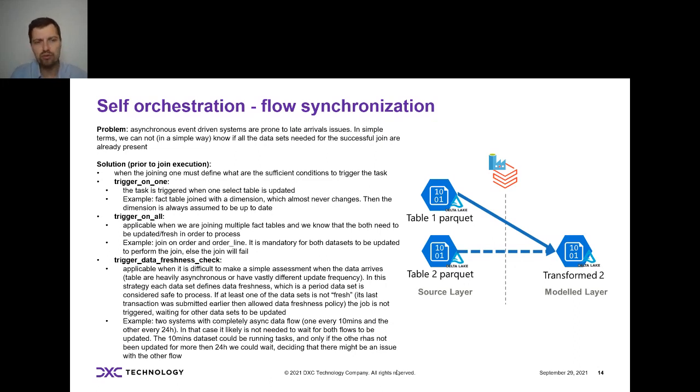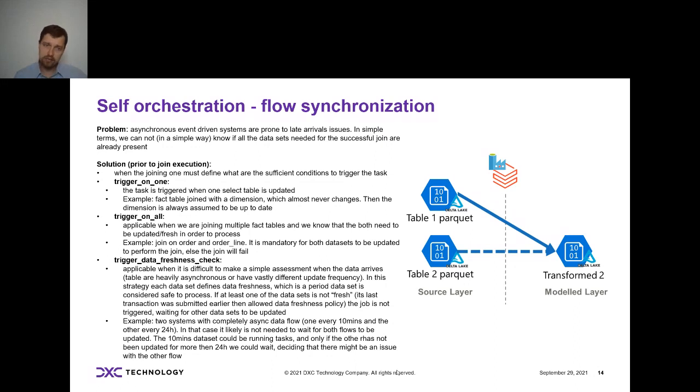So what you do is a data freshness policy, what we call, where you define that the data set is fresh not only for one job run after the update, which is the trigger on all, but it's fresh for, let's say, 6 hours, right? So you define that after the transaction is submitted to the data set, it's okay to take it for a period of time of 6 hours or 12 hours, 24 hours.